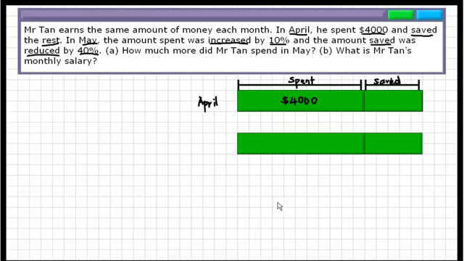And we are told that in May, the amount spent was increased by 10%. So this will be the amount spent in May, which includes the 10% here.